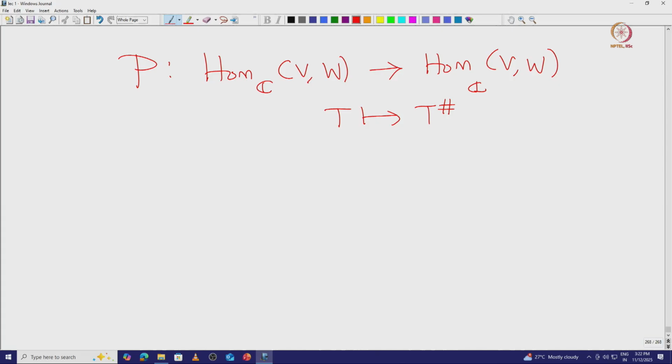So, P can be thought of as a linear map from the m by n matrix space to m by n matrices.